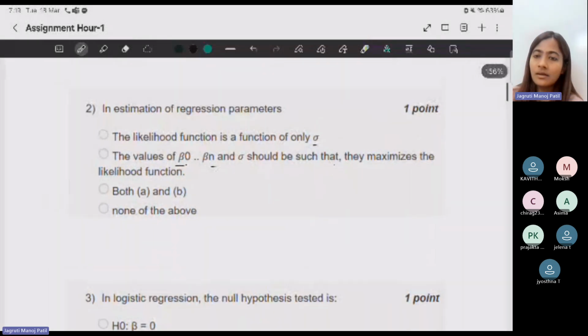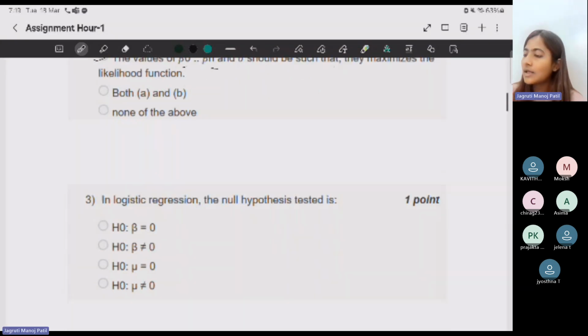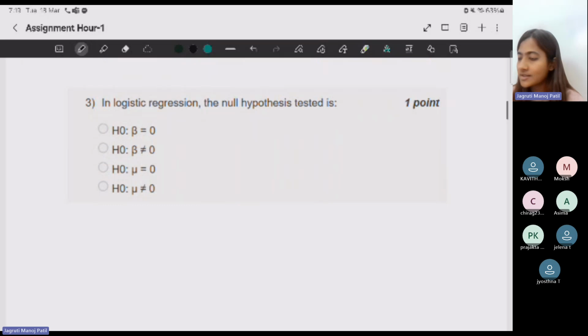So yes, we saw that the regression coefficients and the standard deviation should be such that it maximizes the likelihood equations. That is what we do in regression parameters. Okay. Next question. Here, in logistic regression, the null hypothesis tested is what? We know that a null hypothesis always includes equality.